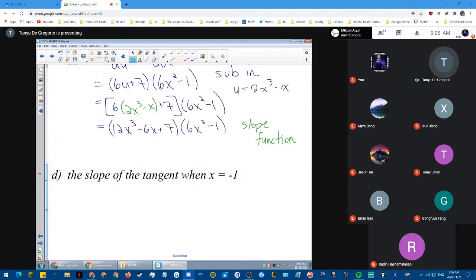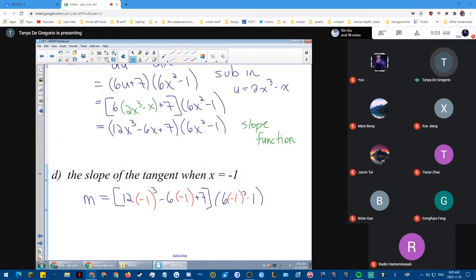And now it says, what is the slope of the tangent when x equals -1? So all I have to do is take that slope function and sub in x equals -1.